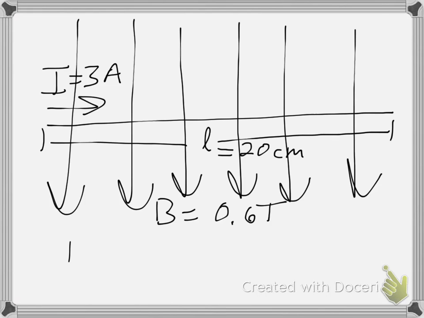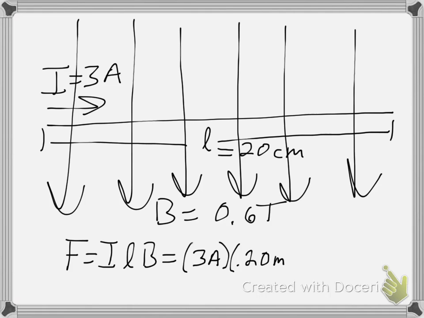So again, let's just plug it into F equals ILB, where I is the current, so this is going to be 0.3 amps. Oh, I'm sorry, it's 3 amps. L is 20 centimeters, which is 0.2 meters.